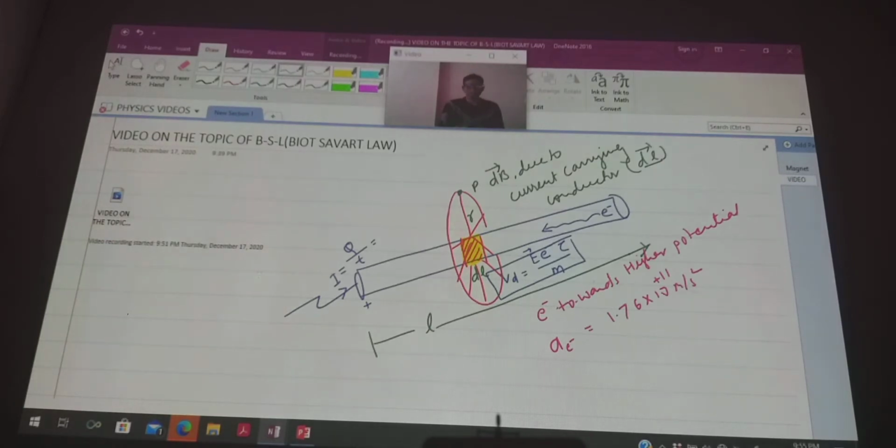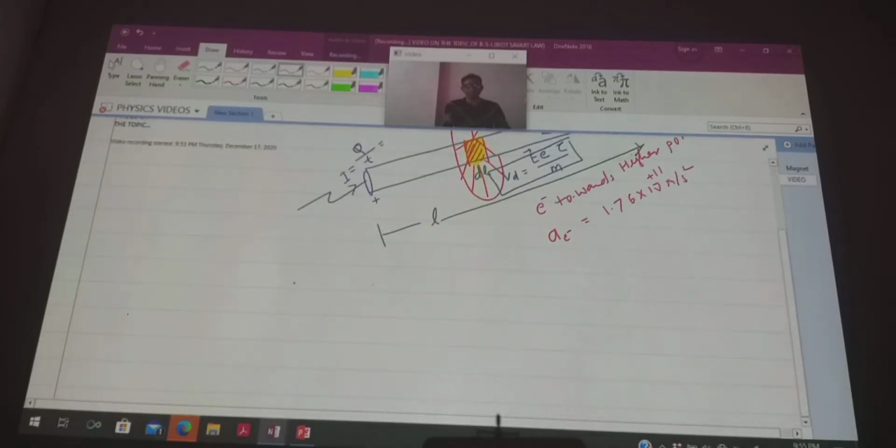The current carrying conductor element dl produces the magnetic field dB perpendicular to this element, and this dB is directly proportional to the flow of current over this conductor of length L. So this is the equation, this is the direct proportionality.